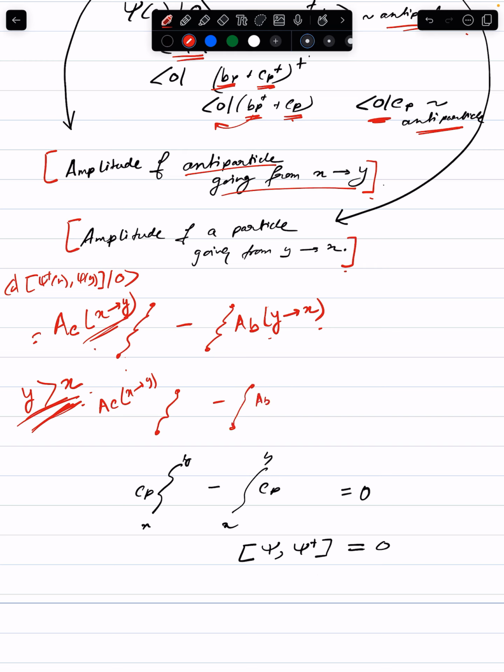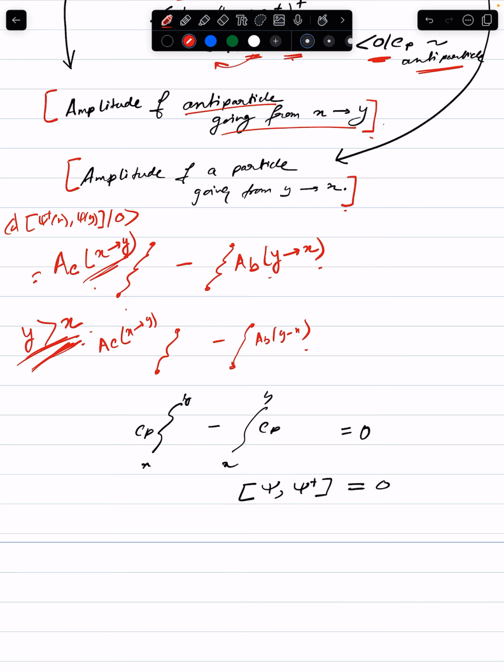But remember that we just saw that a particle going forward in time is the same as an antiparticle going backwards in time. So for this person, the interpretation of this is a particle going from x to y, which is a particle going forward in time, subtracted from an antiparticle going backward in time, because this is going from y to x, and in this person's frame, y to x is y happening after x, so this is an antiparticle going backward in time.